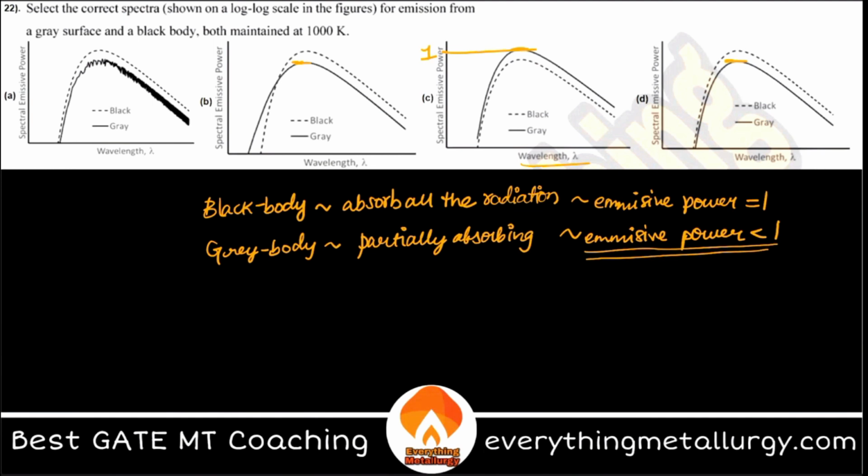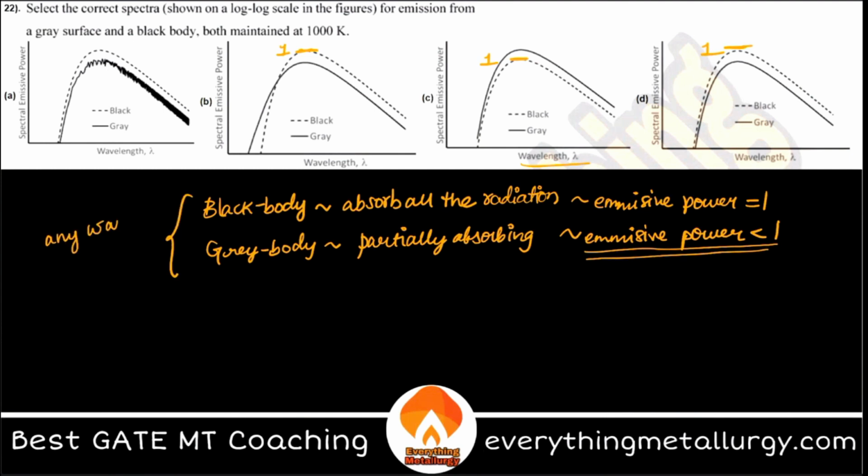In B you see that, this to be reversed? Yeah, so this dotted one is black, right? So this is 1, this is 1, and this is 1. Now it's okay. Now if you carefully see, this should be valid at any wavelength.